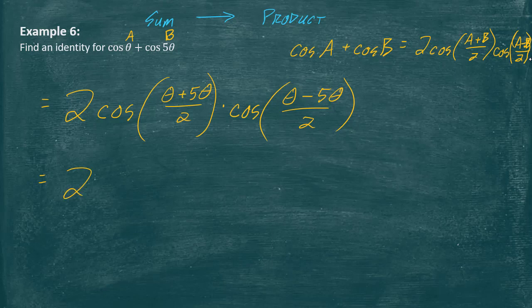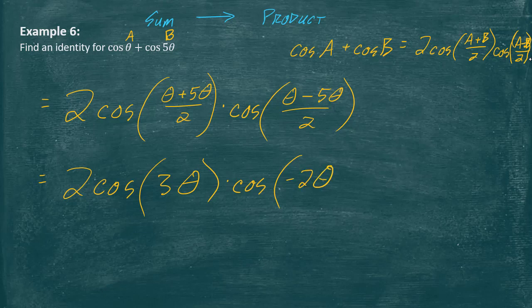So this first one, I've got 2 cosine of 1 theta plus 5 theta, which is 6 theta. Divided by 2, that gives me 3 theta. The second one, cosine of theta take away 5 theta would be negative 4 theta, and negative 4 divided by 2 would be negative 2 theta.